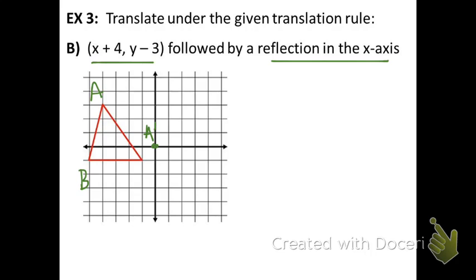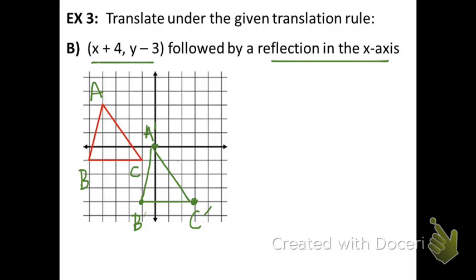B, we're going to move forward 4 and down 3 for B prime. And C, forward 4, down 3. Alright, I need to go forward one more. 1, 2, 3, 4. And that gives me this image here.